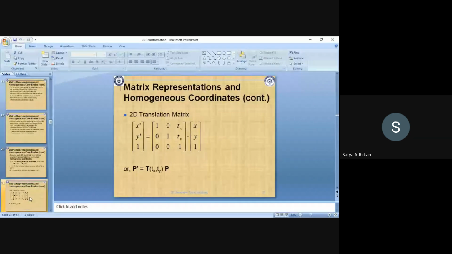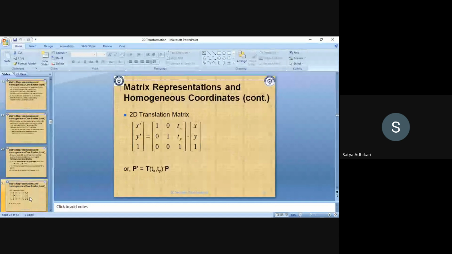Please recall matrix multiplication: the number of columns of the first must equal the number of rows of the second. Here the number of columns of the first is 3 and the number of rows of the second is 3, so this matrix can be multiplied. This cannot be added, because for addition the matrices must have the same order.